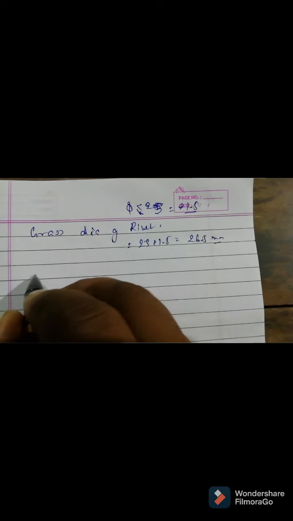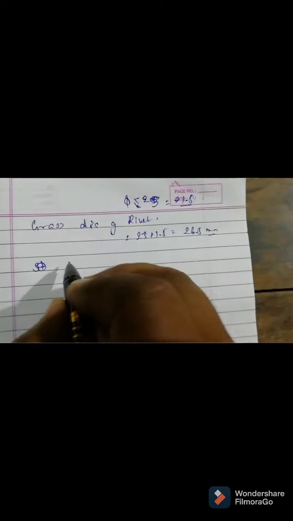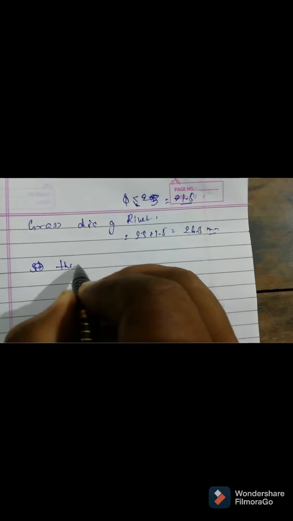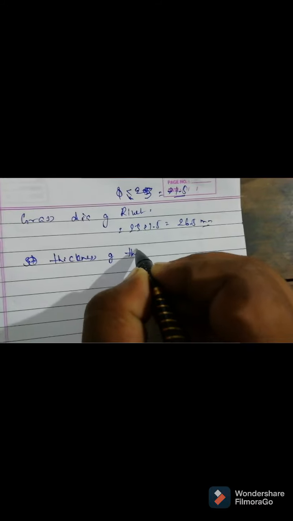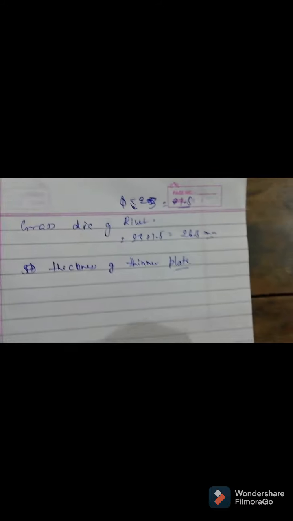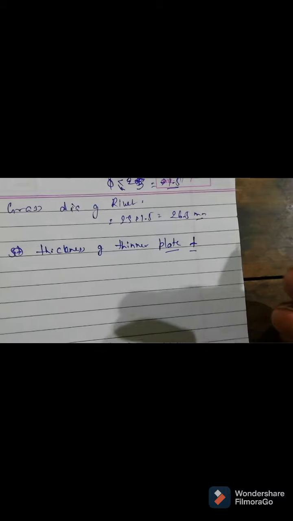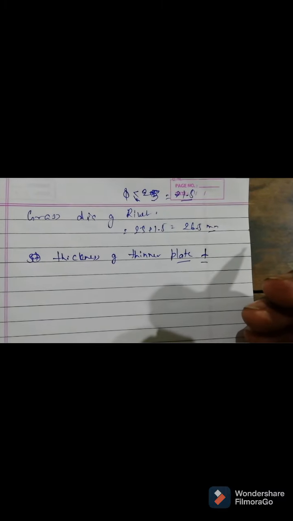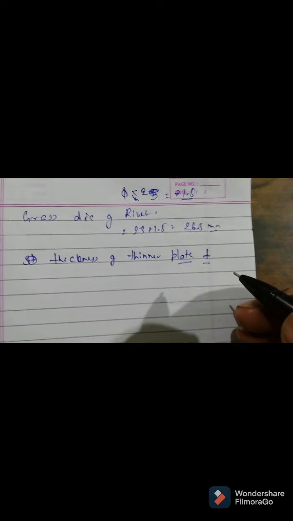So strength in shear. So let's first find the thickness of thinner plate. When you talk about the thickness of thinner plate, that is T, the code says that T is the thickness of cover plate.